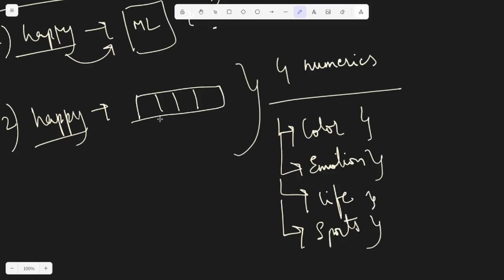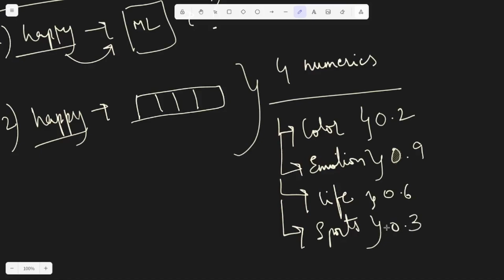For color, I don't think color and happy are really associated, so I'd give them a 0.2. Emotion and happy are strongly associated because happiness is an emotion that human beings experience, so I'd give it a 0.9. And life and happy, human beings experience the emotion of being happy, so I would give it a 0.6. And sports and happy, maybe 0.3.